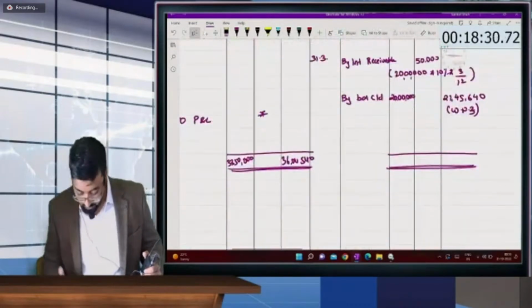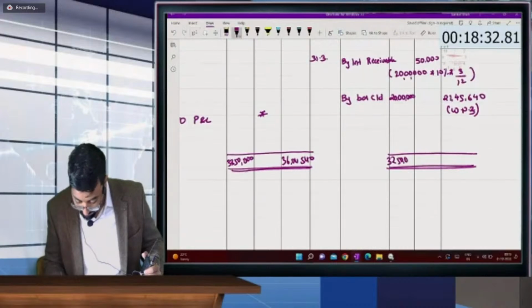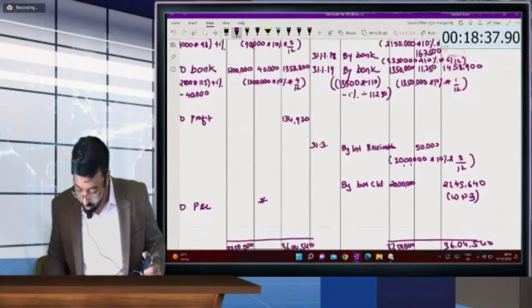Correct. So this is the total interest total.